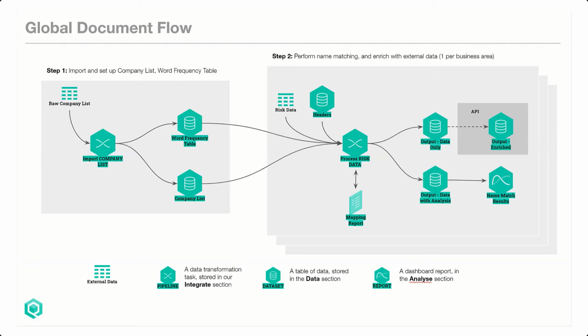The output is the data only, and there are two outputs with the data. We have the data only that matches the header file. The headers input here is effectively dictating what our output is going to look like for the data only.